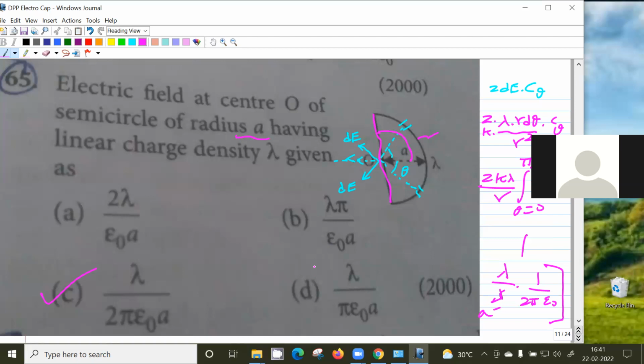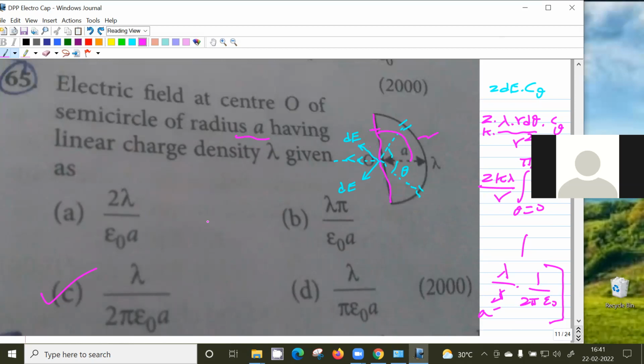Yes, sir, but due to the line that will be 2k lambda by R now, sir. See, due to this line, if you take an element here, the electric field at the center will be this way, right? And if you take the corresponding element here, the electric field at this point will be like this, so it will cancel. So the electric field due to the straight line at this center point is 0.